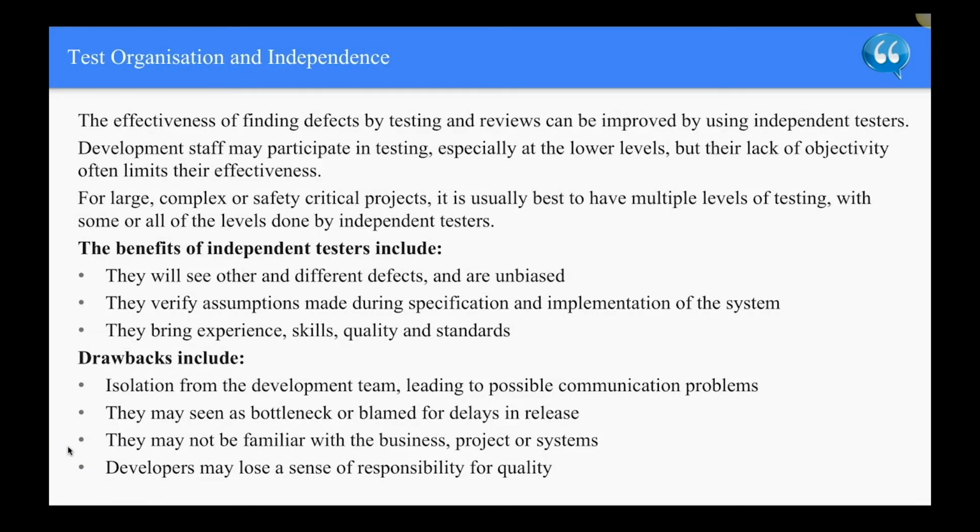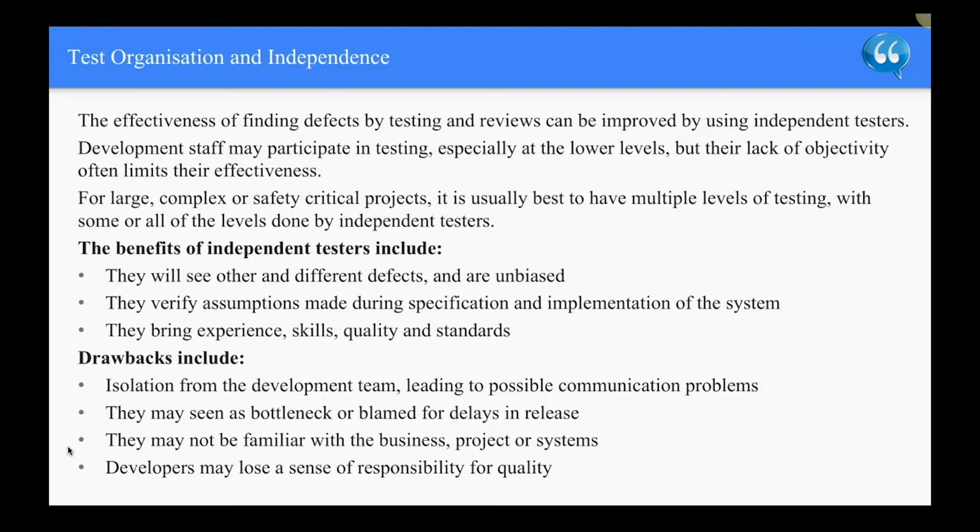Test organization and independence. The effectiveness of finding defects by testing and reviews can be improved by using independent testers. Development staff may participate in testing, especially at the lower levels, but the lack of objectivity often limits the effectiveness.